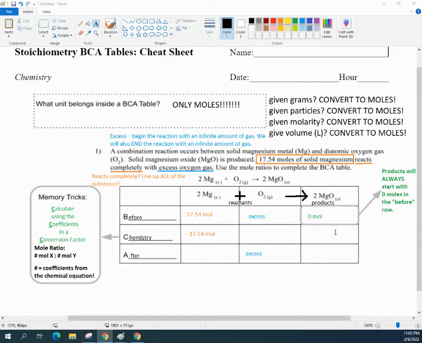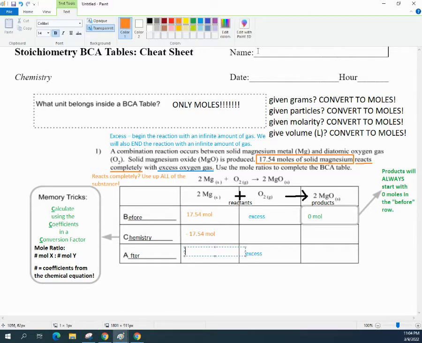We're going to skip row C for right now, and move down to row B to see if we can fill out anything without doing much math at all. For instance, this first column. We already know that we're starting with 17.54, and according to this word problem, we are going to be using all of that substance, which means we are going to be left with 0 moles of that substance.